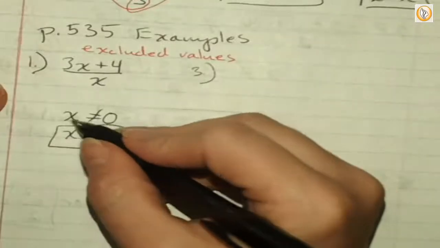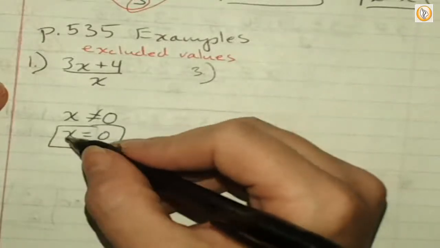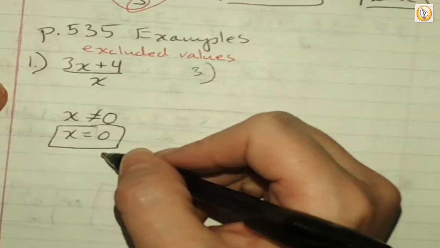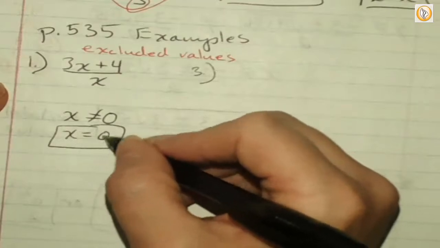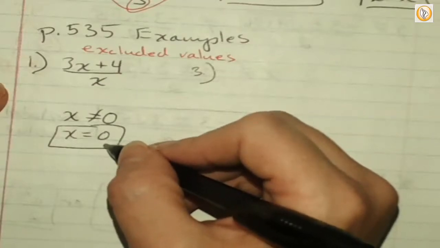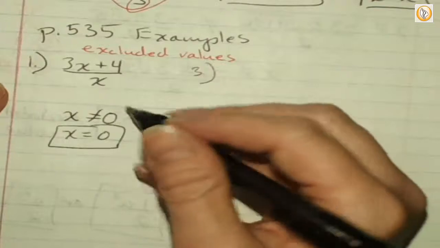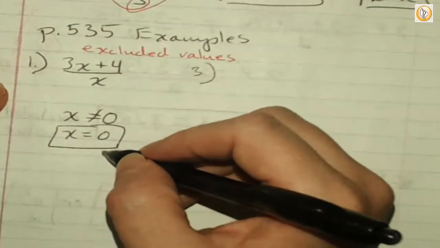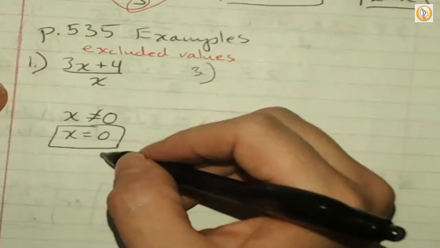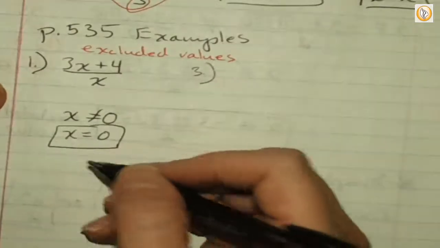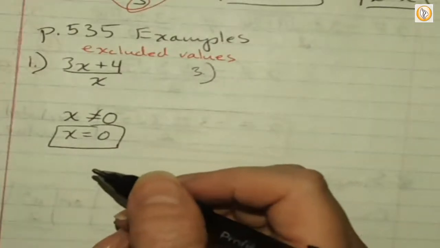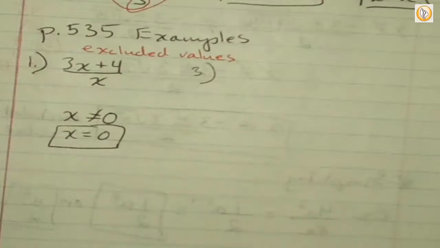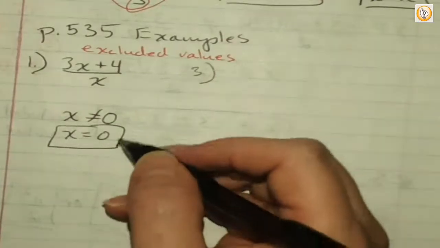Let's just go: if x equals 0, then it's undefined. X does not equal 0 because it's asking you for the excluded value. In this case, it's saying excluded value equals 0. They just changed what x means. Think about it for a second, the equal sign means that x is... but it's asking for the excluded value.